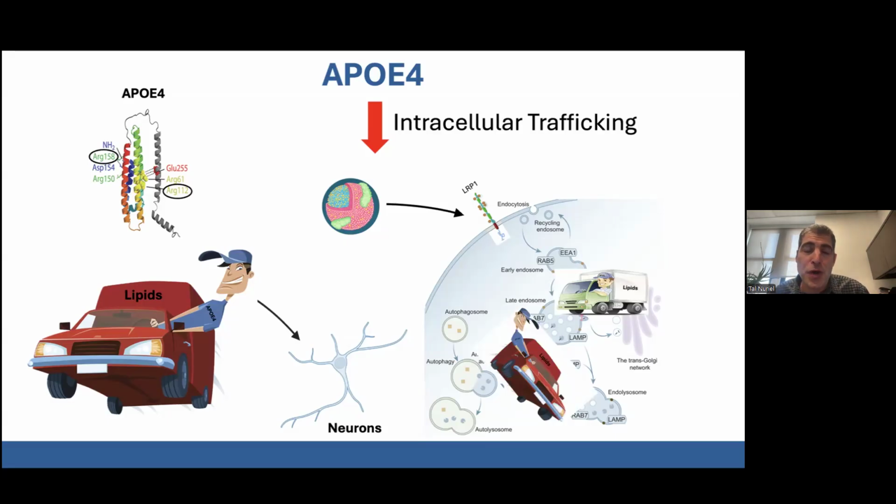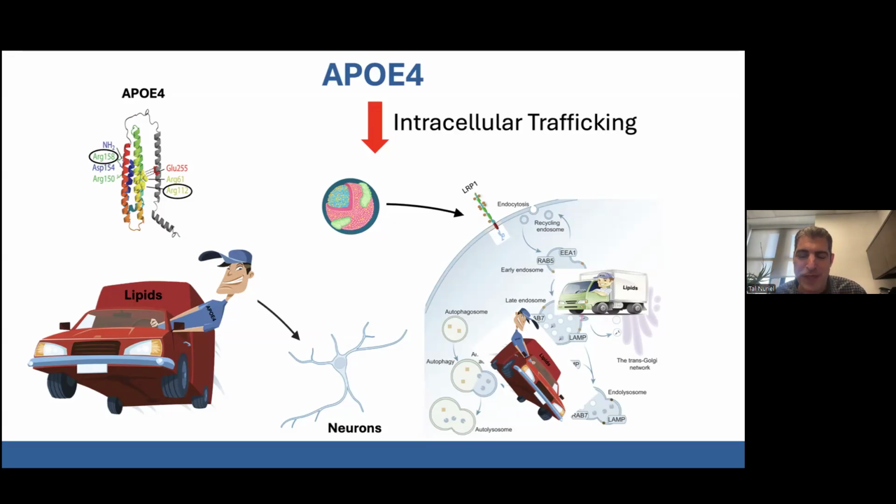ApoE4, what's been shown is that it doesn't do this as well. Because of this closed conformation, it has some bad reactions in the low pH environment, and it can start to unfold and aggregate in the low pH early endosomes and late endosomes. Then it ends up more often stuck in the lysosomes with the lipids still attached.